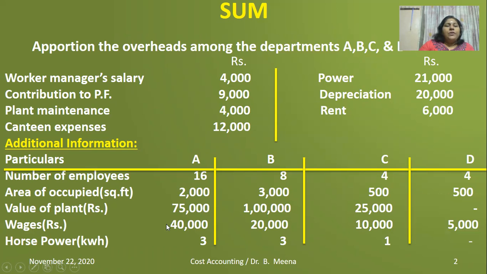But service department is not there in this problem, so all four departments we are assuming as production departments. If any department is a service department, then I can show the wages like in the previous video. In the second video, I told you to post the wages amount only in the service department, but in this problem there are only production departments, so I don't want to show any wages in any of the departments.